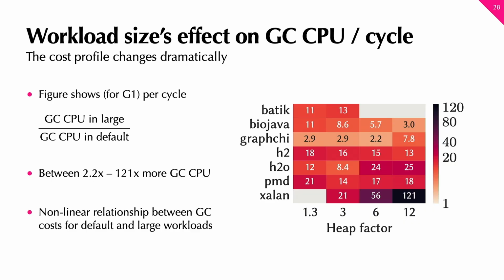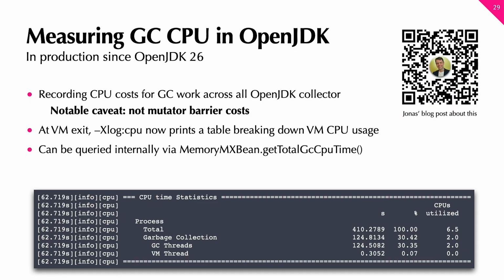So before we look at default versus large, let me just quickly plug some work done by Jonas, my PhD student. In order to get these GC CPU measurements, he contributed to OpenJDK. That's now in production since OpenJDK 26. So if you give OpenJDK this -Xlog:cpu flag when you run it, then when the VM tears down, it's going to print this table that breaks down the costs of the various VM threads, right?